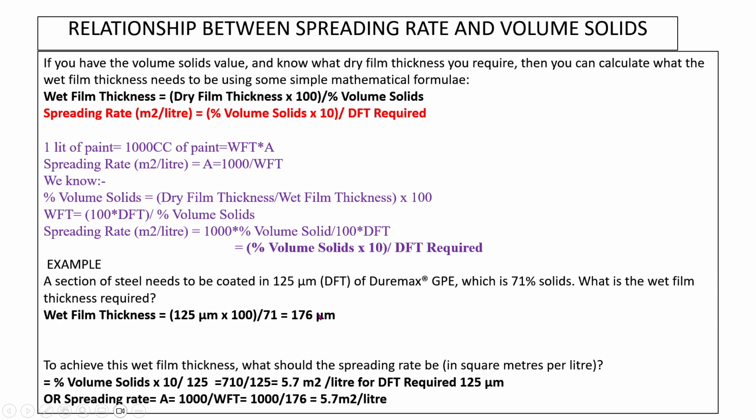And then to achieve this wet film thickness, what should be the spreading rate, the area per liter of paint? We know the formula: volume solids into 10 divided by DFT. Volume solids is 71 into 10, that is 710 divided by 125, that is 5.7 square meters per liter.